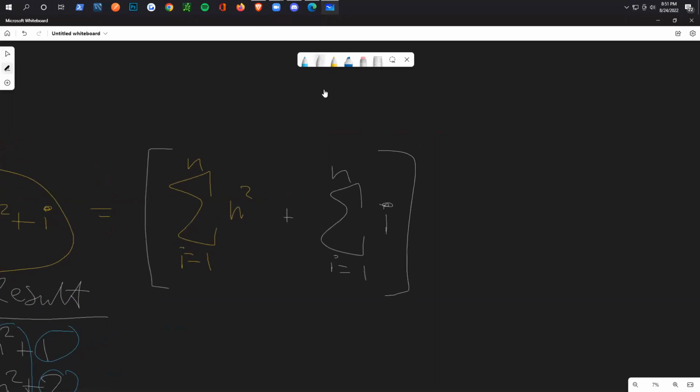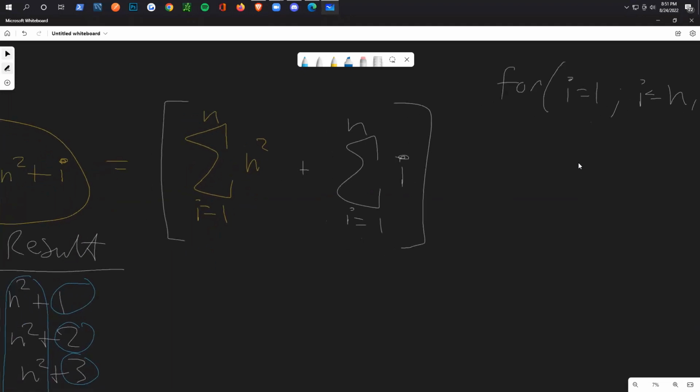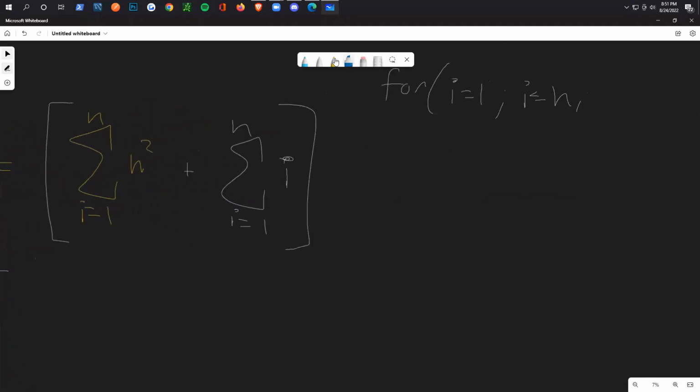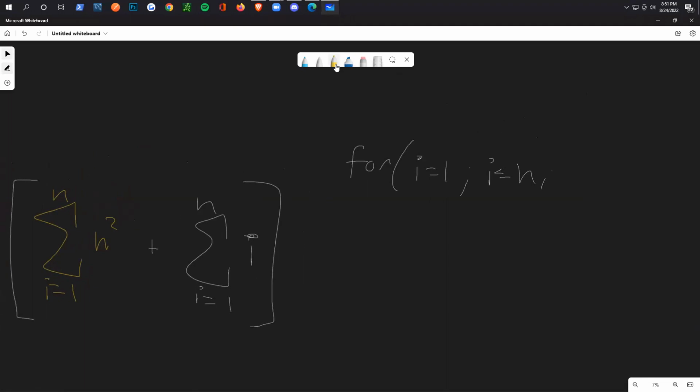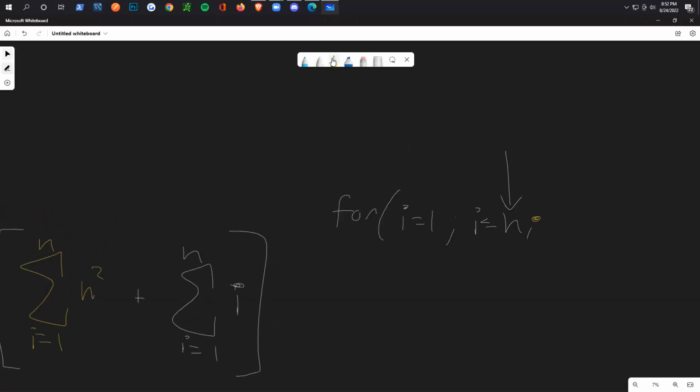Whenever you have a for loop, because that's really what a summation is. A summation is just a for loop, and you go i equals 1, and then i less than or equal to n, etc., i plus plus. So if we think about a for loop, in most cases you're not running an infinite for loop, meaning this n has to be a fixed value. Normally, what do you do?